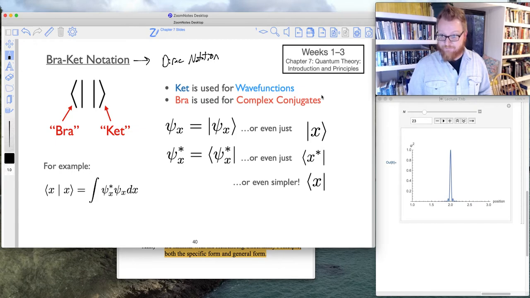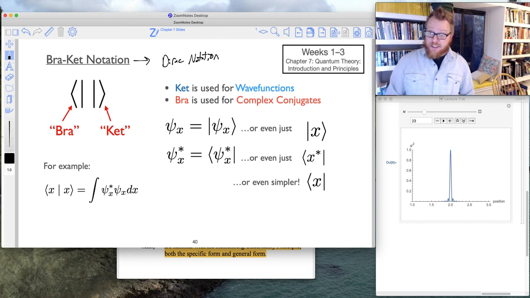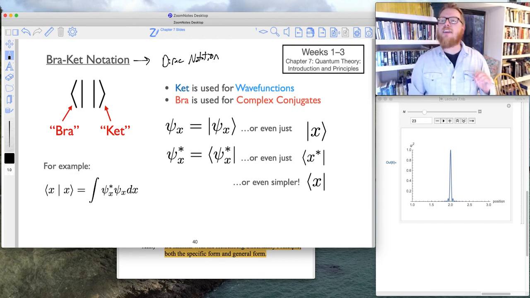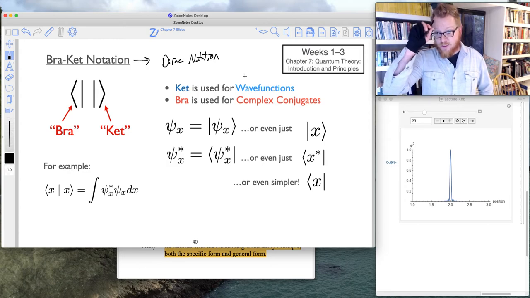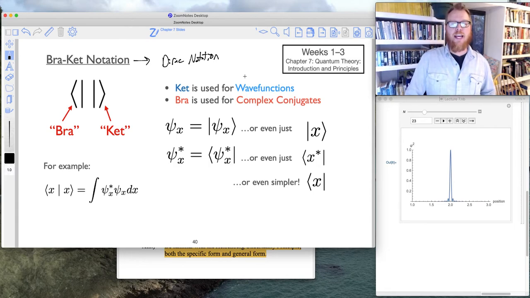that wave function. Okay? So for example, if I write psi of x, and I want to let my audience know that psi of x represents a wave function, then I can put it in a ket, like so. And that tells everybody, at least everybody who's familiar with Dirac bra-ket notation, that we're talking about a wave function.